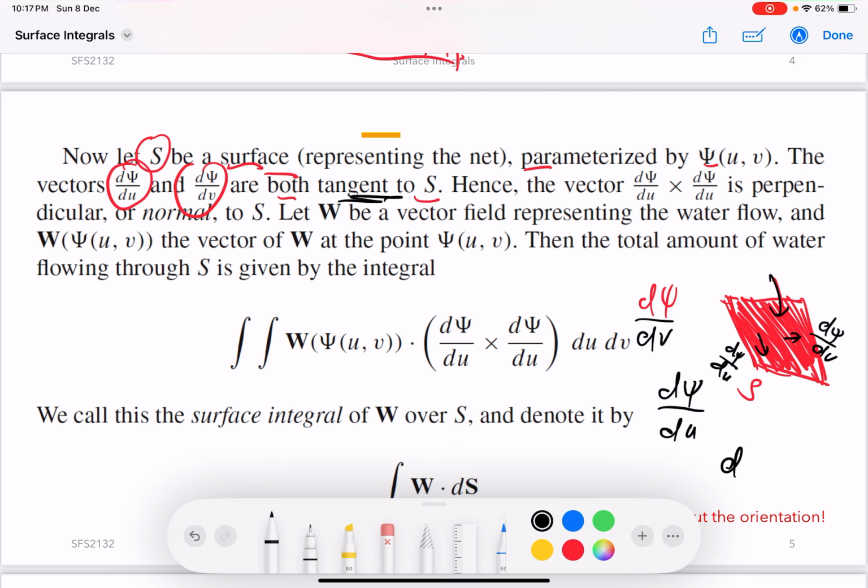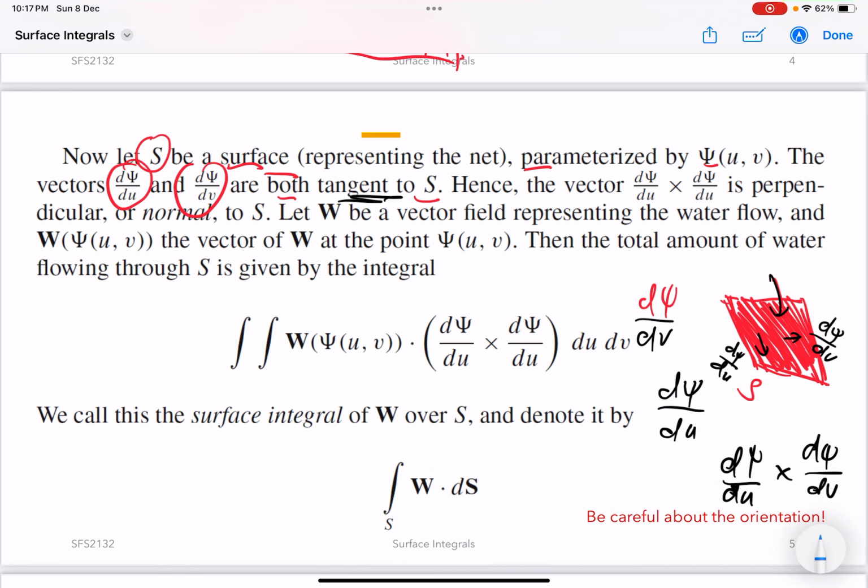So then when you have d psi over du cross d psi over dv, as I said previously, if you take the cross product of two vectors, you get a perpendicular. Using your right hand, you have n here, the normal vector of the cross product between d psi du and d psi dv.